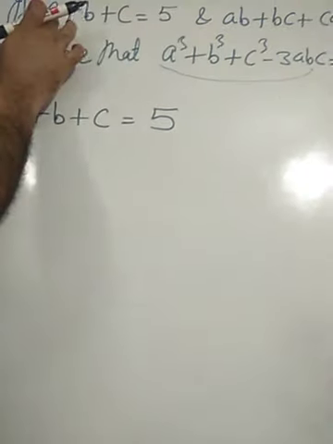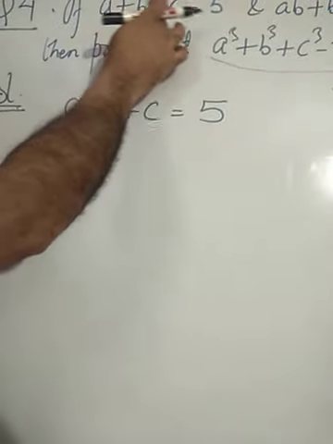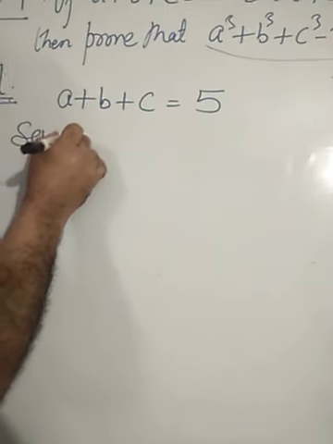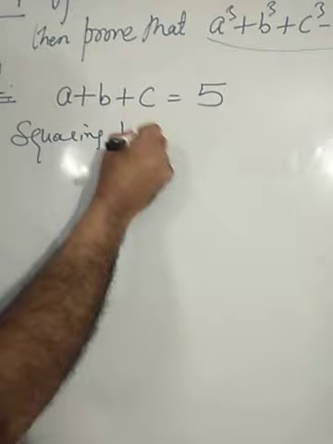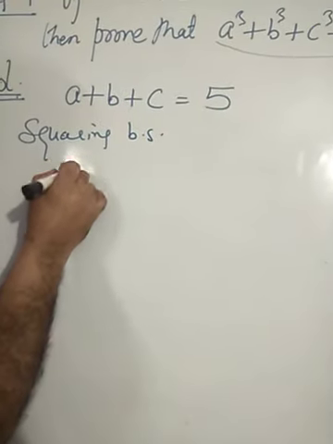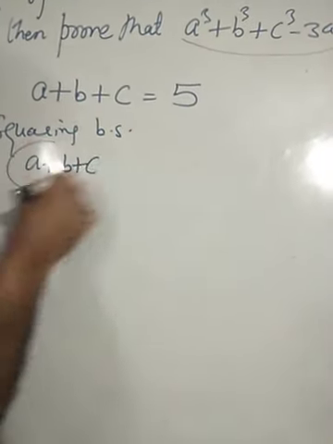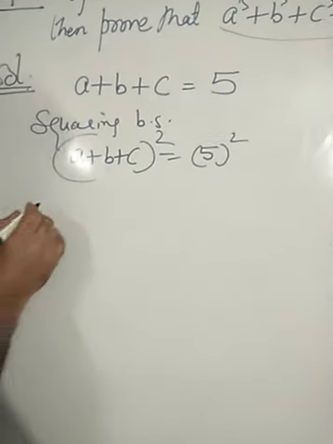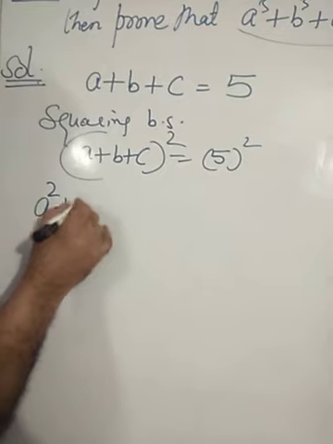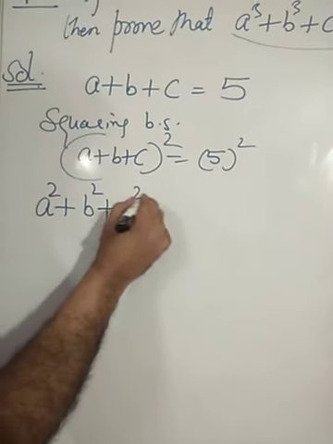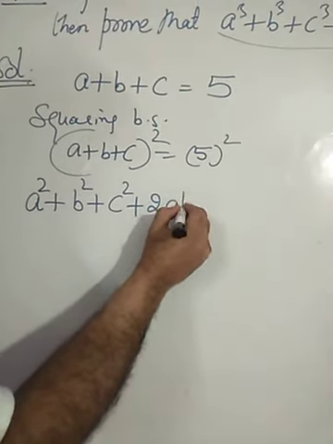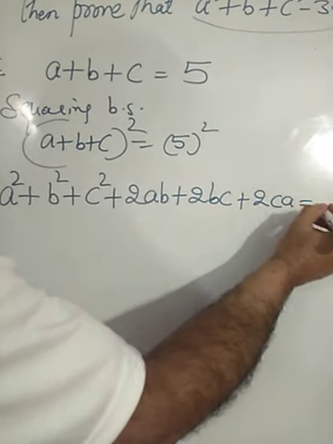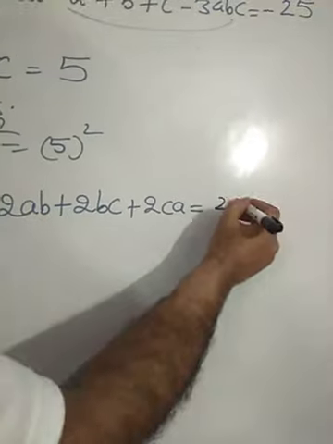See, first of all, what is given to us? First part of the given thing, a plus b plus c equals 5. What do I do here? Squaring both sides. You will come to know why we are squaring. a plus b plus c, that is 5 square. This is the identity: a plus b plus c whole square equals a square plus b square plus c square plus 2ab plus 2bc plus 2ca. 5 square is 25.